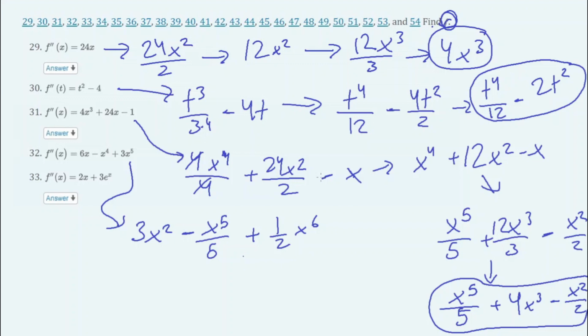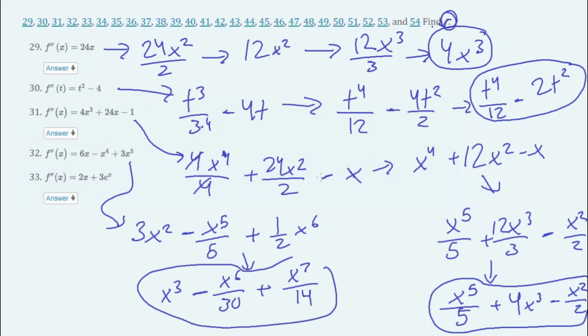And that's the f prime. Now we want the antiderivative one more time. So we're going to have x cubed, 3 over 3, which is going to be 1, minus x to the sixth over 30, plus x to the seventh over 14. And that's going to be our function, or double antiderivative, for number 32.